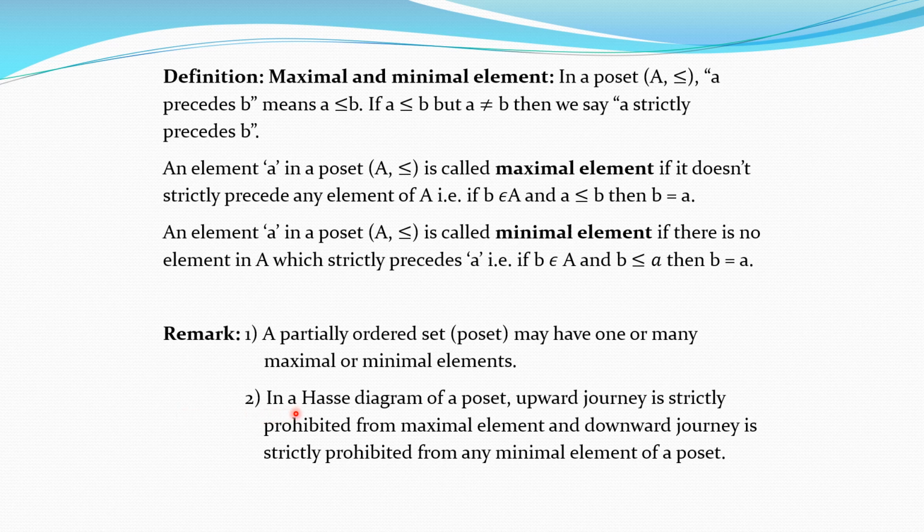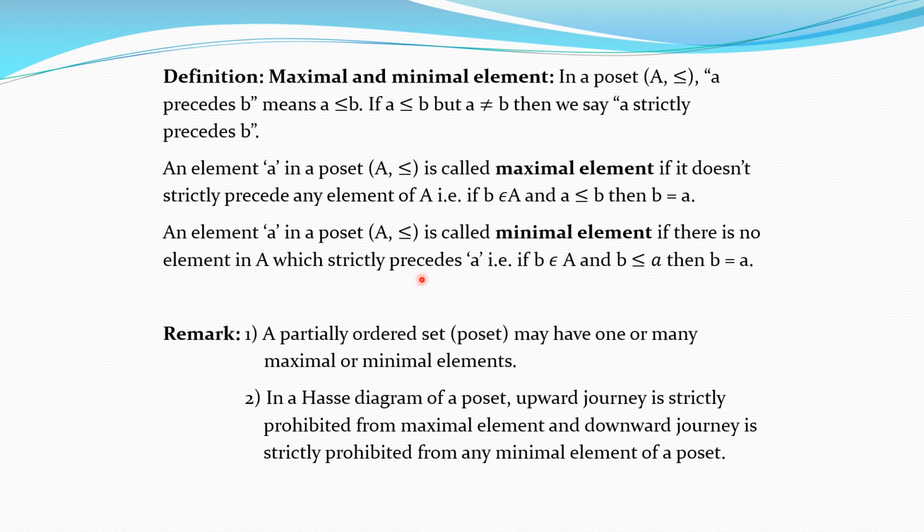In a Hasse diagram of a poset, upward journey is strictly prohibited from a maximal element and downward journey is strictly prohibited from any minimal element of the poset. Because by definition of a maximal element, A is a maximal element if it does not strictly precede any element of A. So, from A, upward journey is not possible if it is a maximal element.